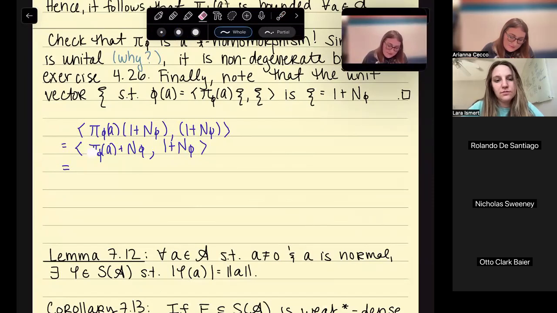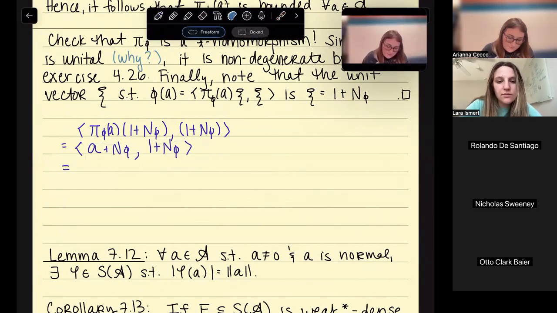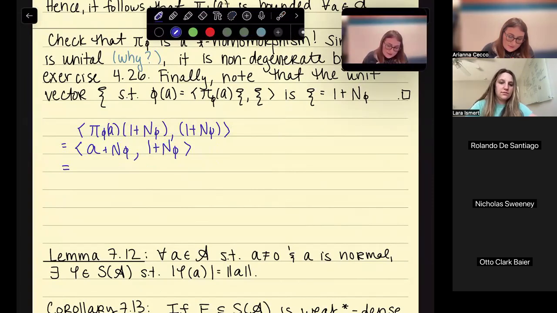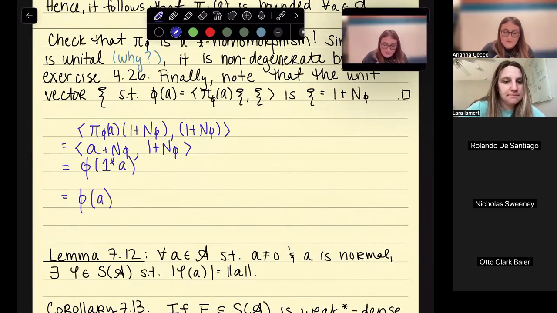Actually, right here, we don't want to include the pi sub phi of a. We just want to call this a. So now this inner product we define to be phi of, technically, 1 star a, which is just going to be phi of a. So that's how we get that.